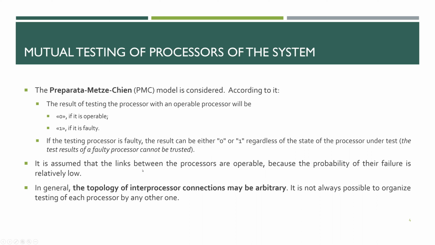This also assumes that links between the processors are operable because the probability of their failure is relatively low. It also should be noted that in the general case, the topology of interprocessor connections may be arbitrary. It is not always possible to organize testing of each processor by any other processor.